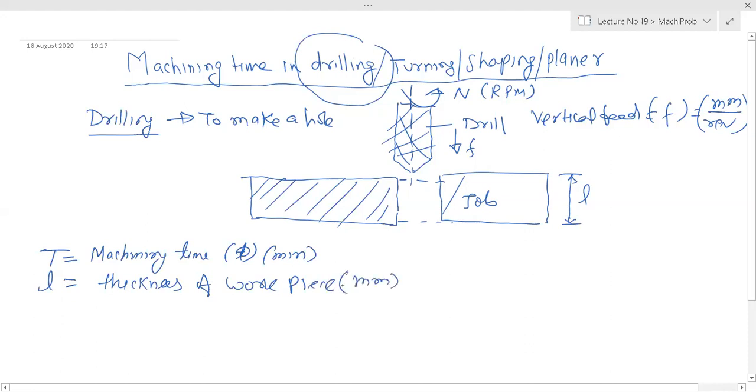D is the diameter of the drill, also in millimeter.